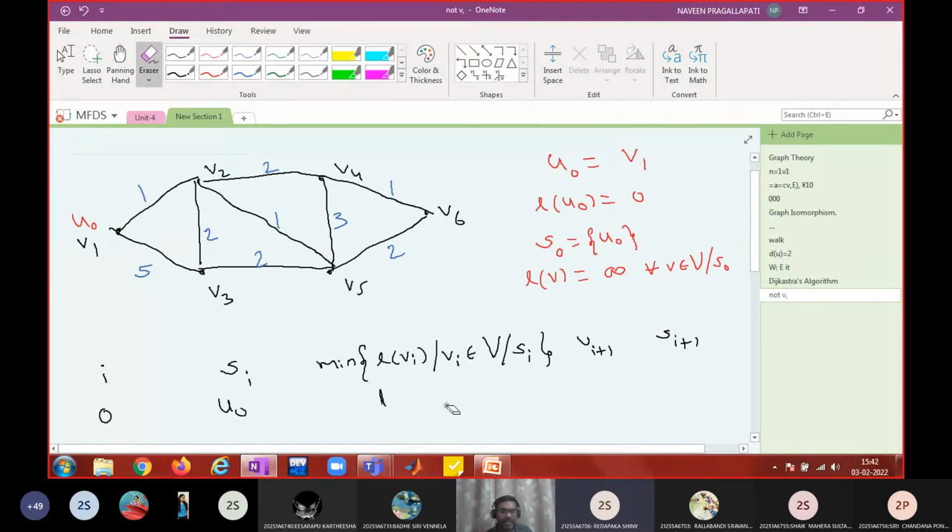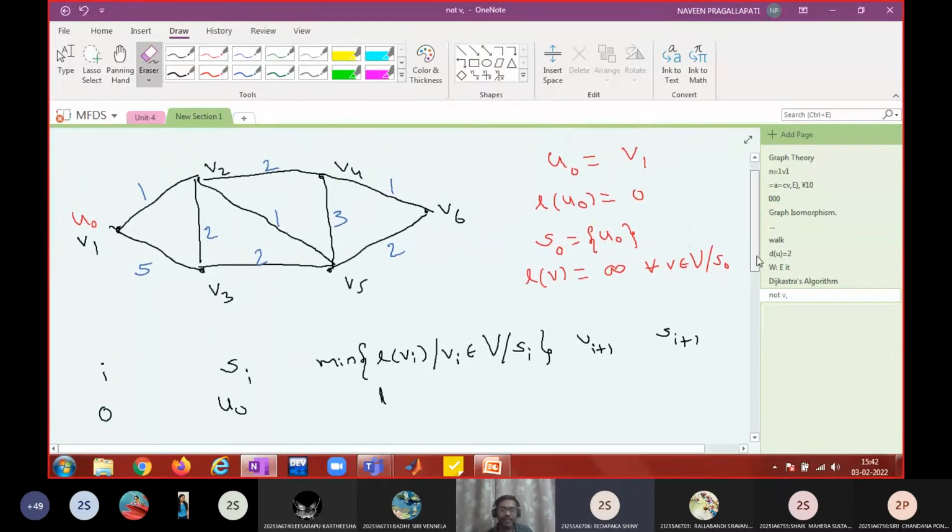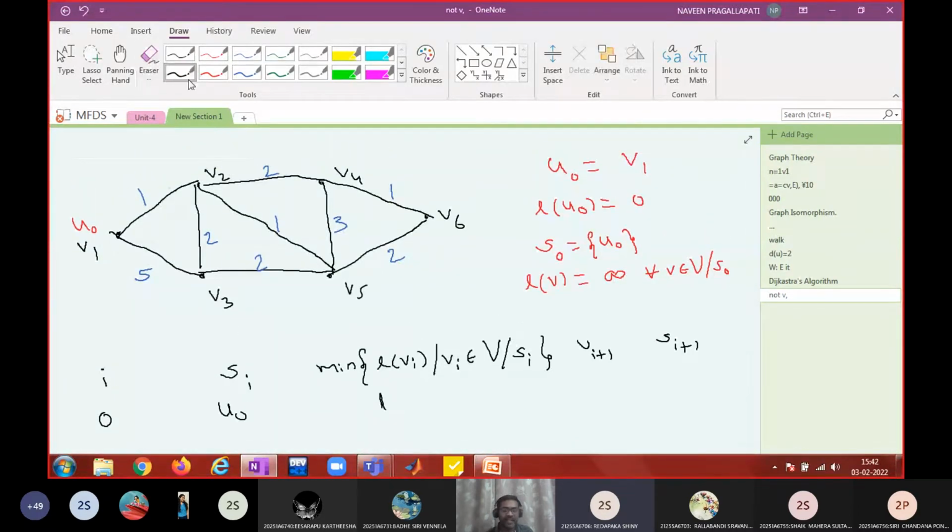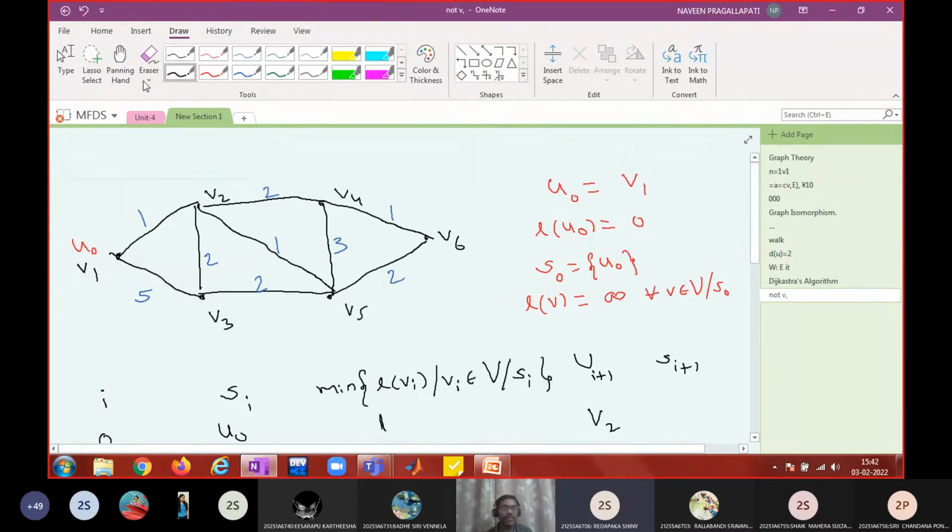So what is the next vertex? Ui is over. Ui is V1. What is Ui plus 1? V2. So this is U1.